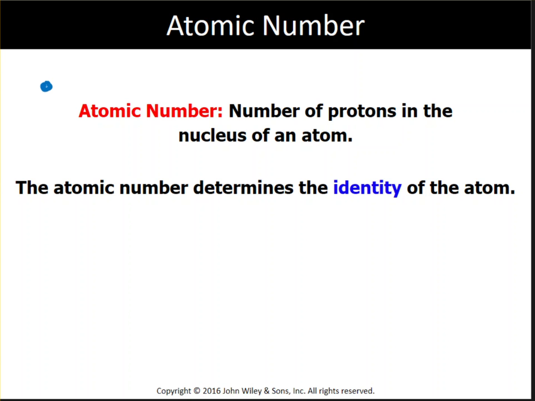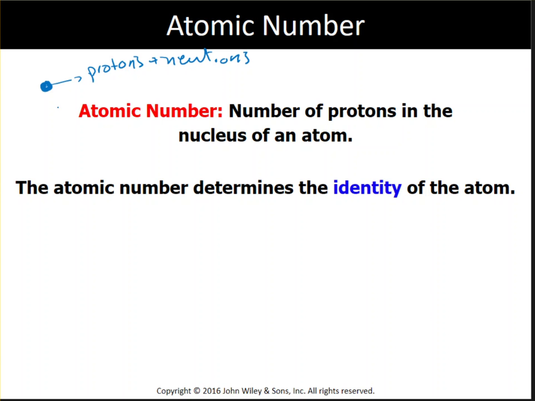The nucleus is very tiny and very dense. Inside the nucleus are the protons and neutrons. And the nucleus is dense just because we have neutrons in there. Remember that neutrons have a mass.